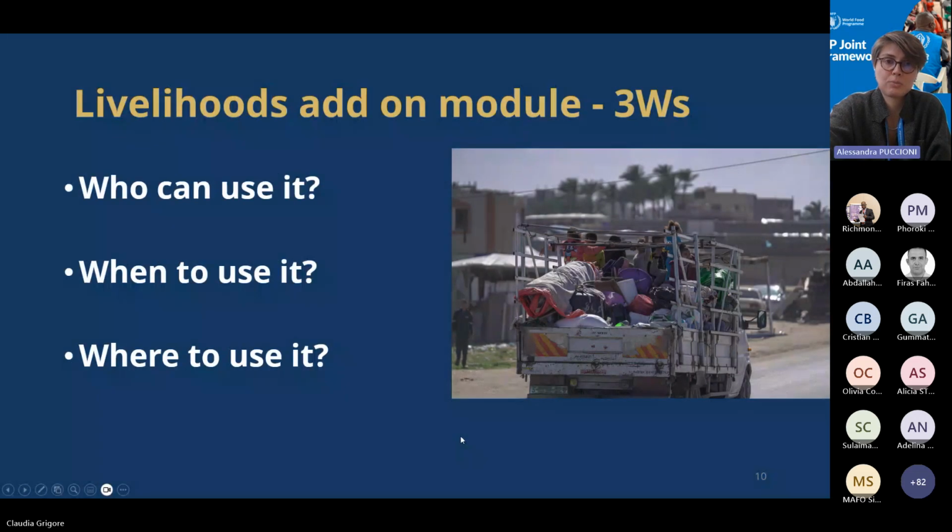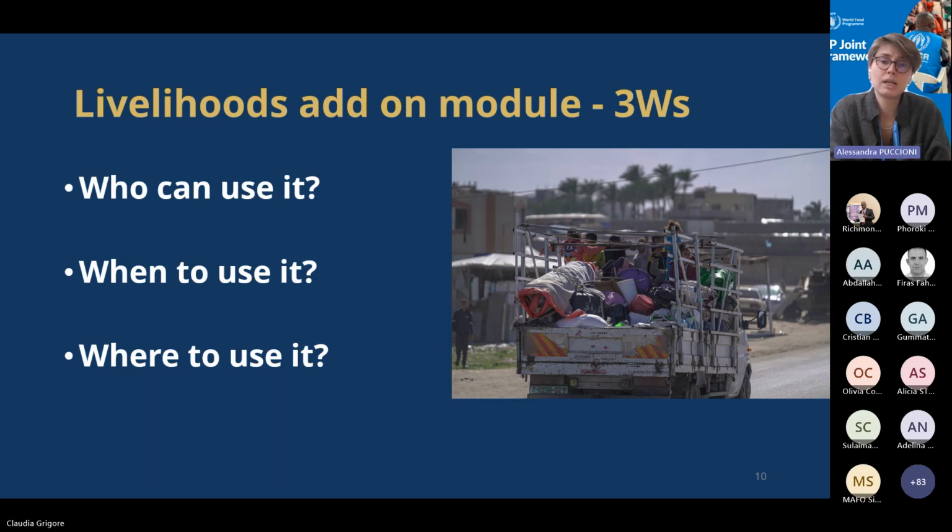Next slide. Thank you. So regarding the users, who are the users of this framework? This can be any livelihood or economic inclusion officers from WFP or UNHCR, but also any analyst that has been tasked with the design of a livelihood assessment, always with the support and in coordination with livelihood focal points.